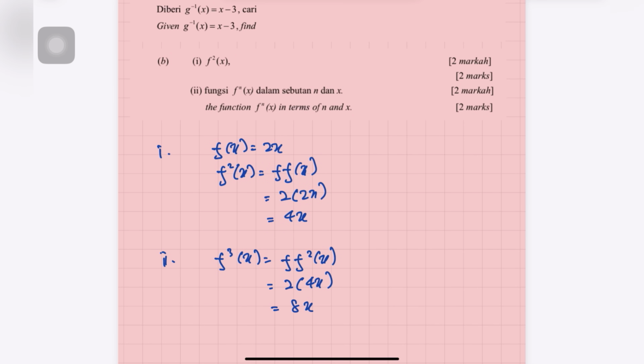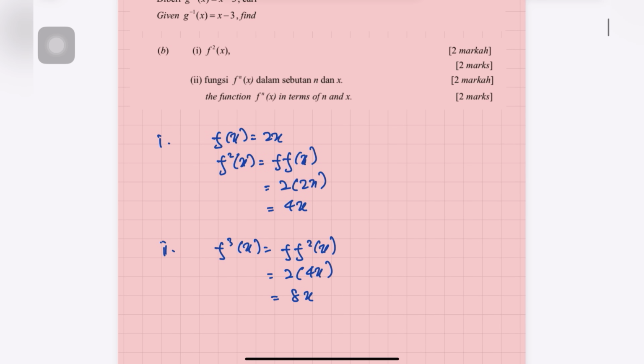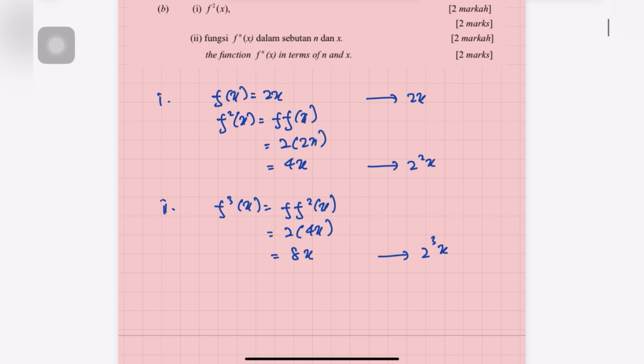So here we can predict to find f^n(x). f(x) is 2x, f(2x) is 4x, 4 is 2 squared. f(3x) is 8x, so this one is 2 cubed x. So we can predict for f^n(x) equals 2 to the power of n times x.